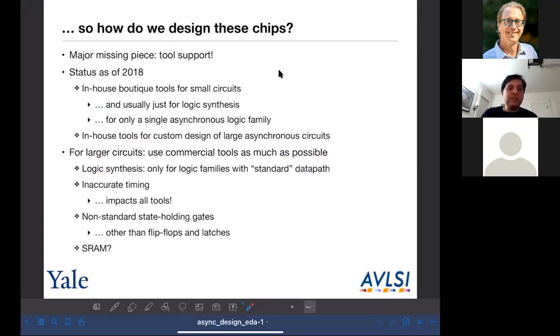So people started switching to asynchronous circuit families where the data path can be just straight combinational logic. Combinational logic is combinational logic. I can use commercial tools to optimize that for me and even do the layout for me. So people would use logic families with standard data paths. It turns out you can do that, but you'd end up giving up some of the advantages I mentioned earlier.